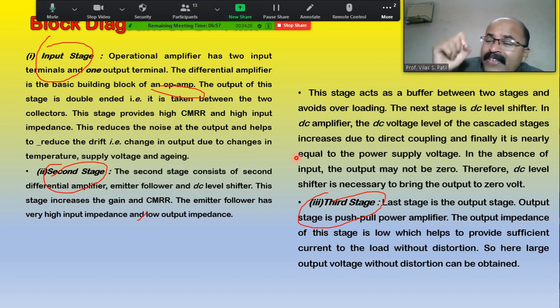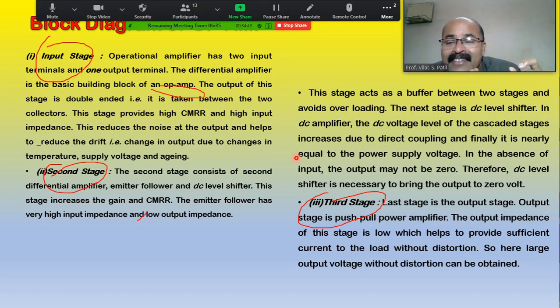We have to first detect whether the output is null or not. If it is not null, meaning it is either positive or negative, greater than or less than 0, then the role of the DC shifter comes in.